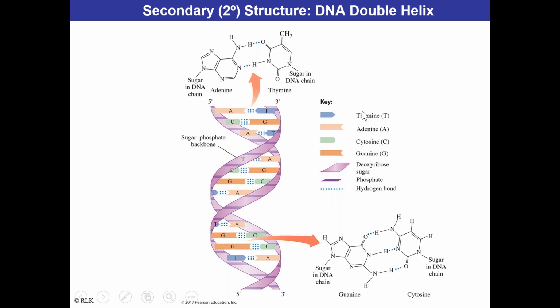These nitrogenous bases, the thymine, the adenine, the cytosine, the guanine, okay? It's also indicated here where they use phosphate as a darker part of that ribbon within that helix, and then they use the deoxyribose sugar as the broader, semi-transparent but still purplish segment within that ribbon. And then of course you have the hydrogen bonds, okay? So there's a significant amount of hydrogen bonding going on.